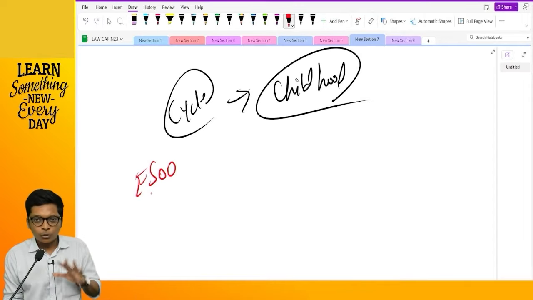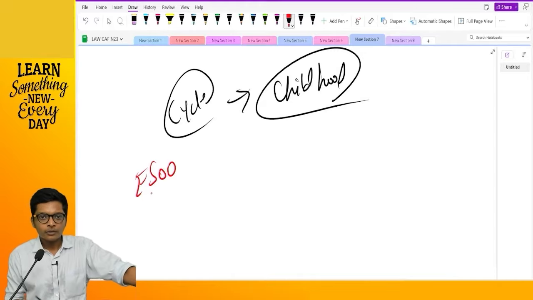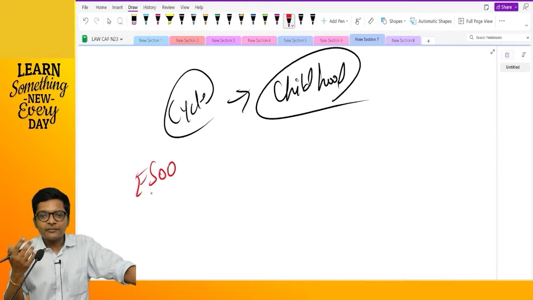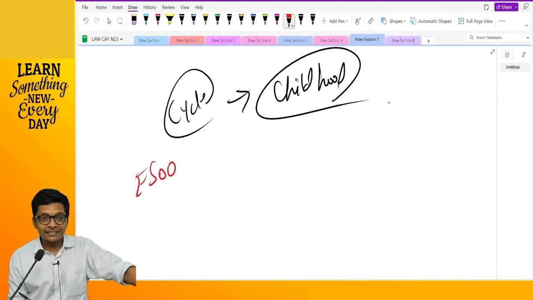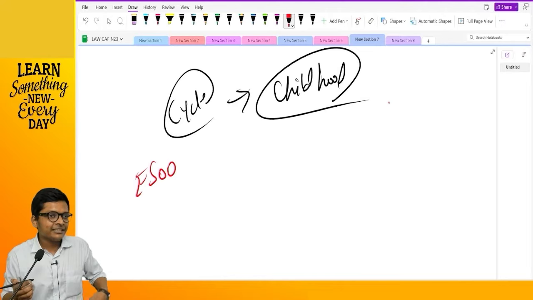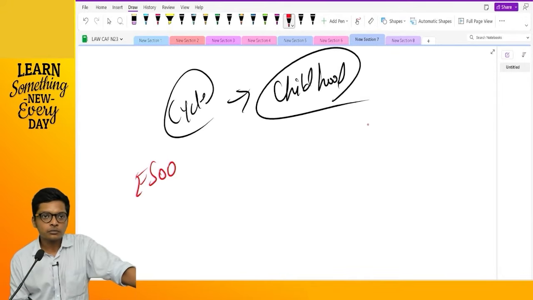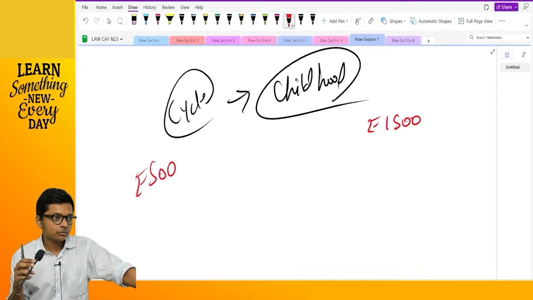Okay, imagine it is not in working condition. I want to now sell it after doing repair. I will do repair, put polish, change everything, make it like a brand new cycle and sell. How much can I sell for? Okay, 1500 after repairing everything.